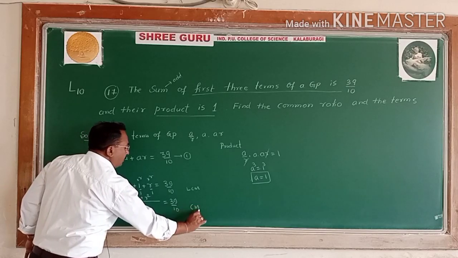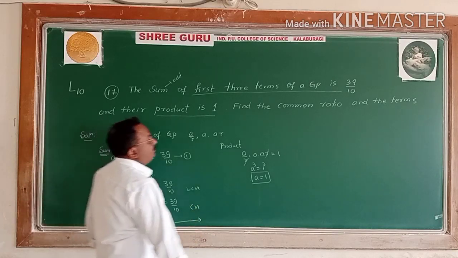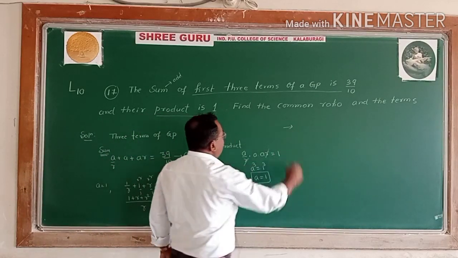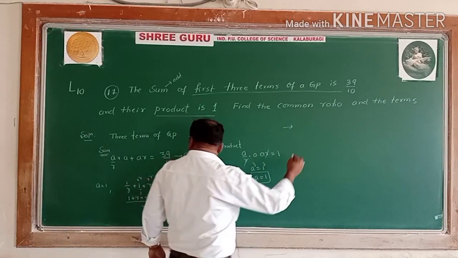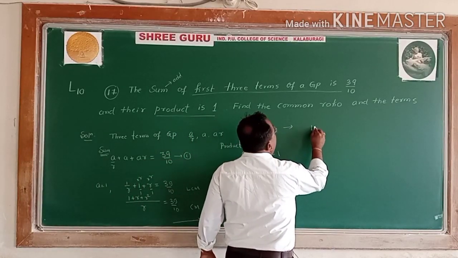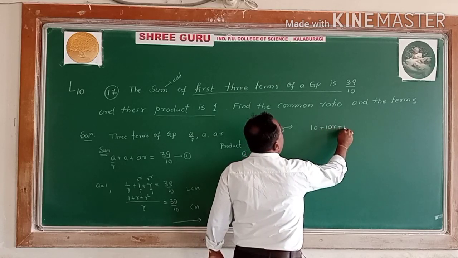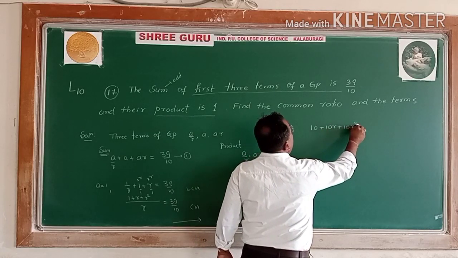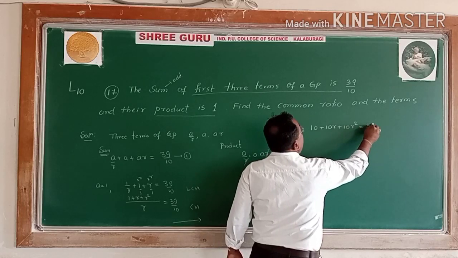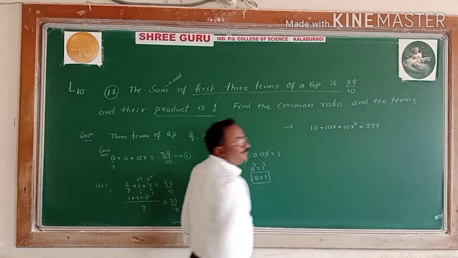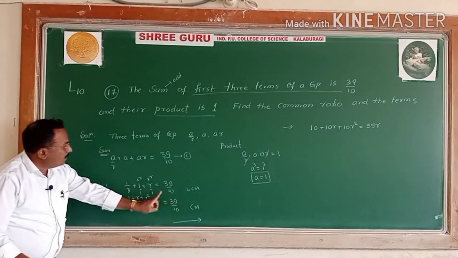Next, cross multiplication: 10 plus 10R plus 10R square is equal to 39R. Here LCM is over.